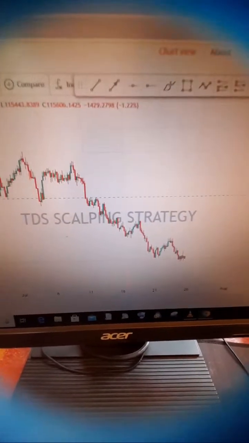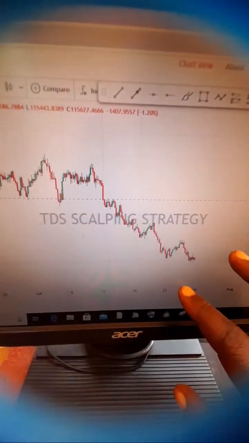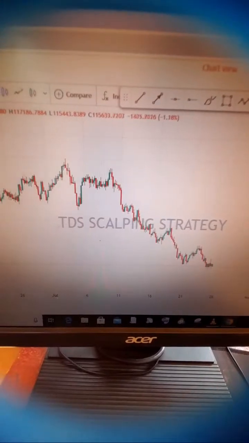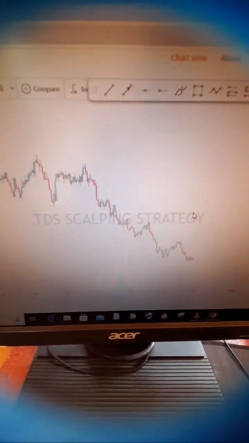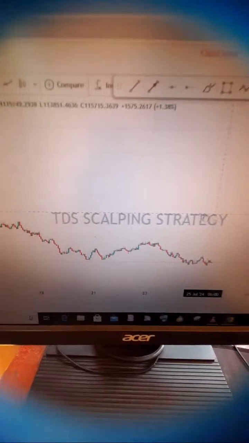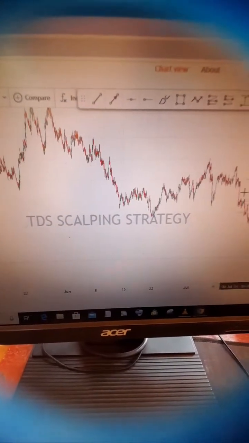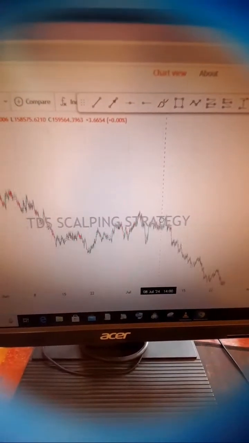So we see that on H4 we are going down, and now we do the second thing. We go to H1 to combine these two time frames, H4 and H1. Are they doing the same thing? That's all we need in those two high time frames. We are still looking at the overall trend in H1.